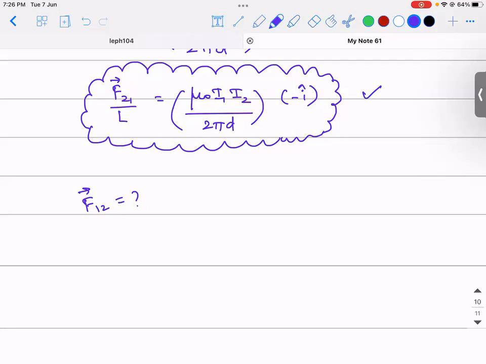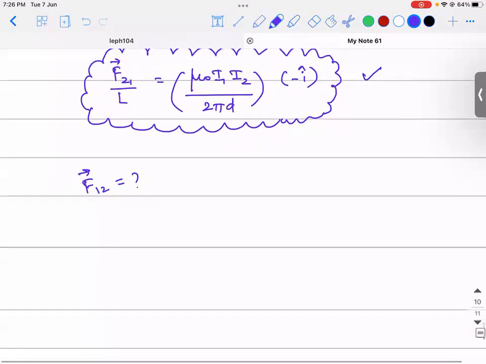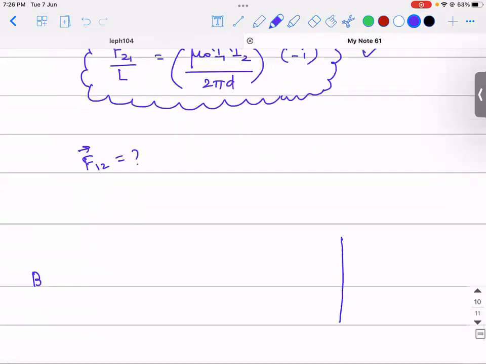So what is the answer? Did you do it? Tell me. So if I take the first current carrying conductor, if I take this point to be P dash, so magnetic field at P dash is how much? Mu naught I2 divided by 2 pi d. Direction.